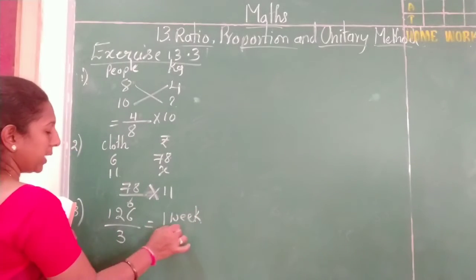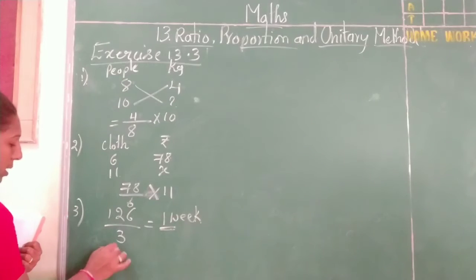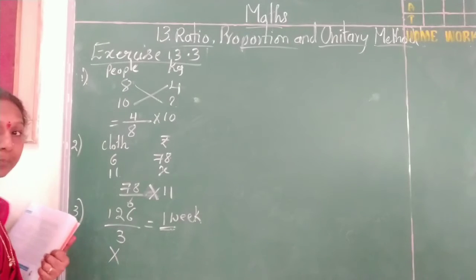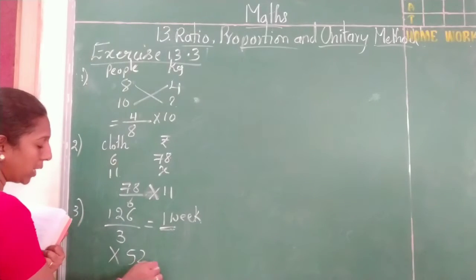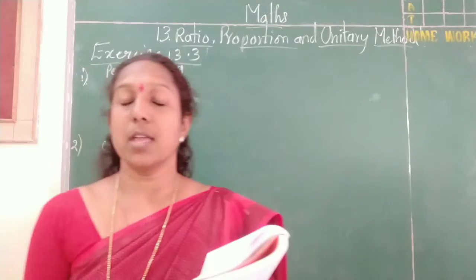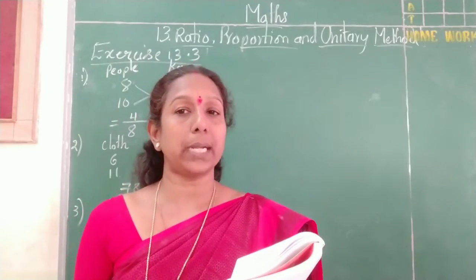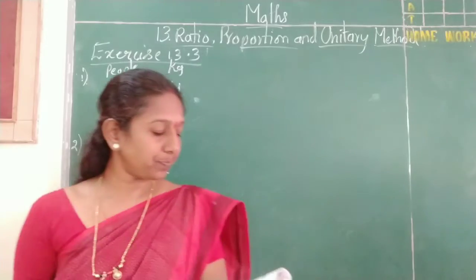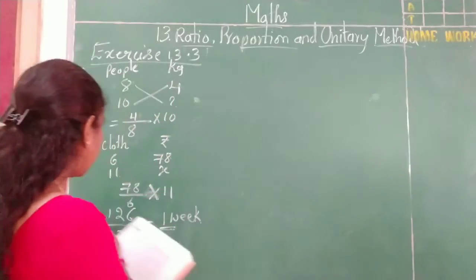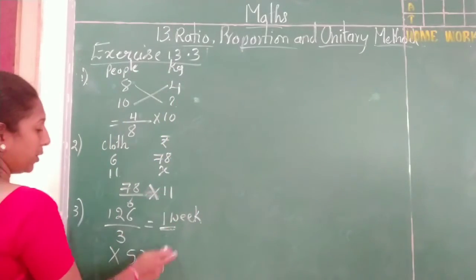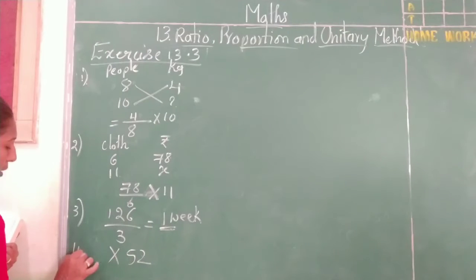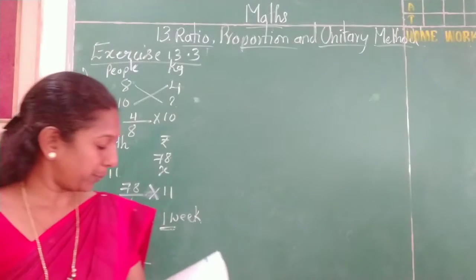Whatever answer I get here, you have to multiply by 52, because for 1 year there are 52 weeks. See here, after doing the cancellation, that 1 week answer will come, and you should multiply it by 52.